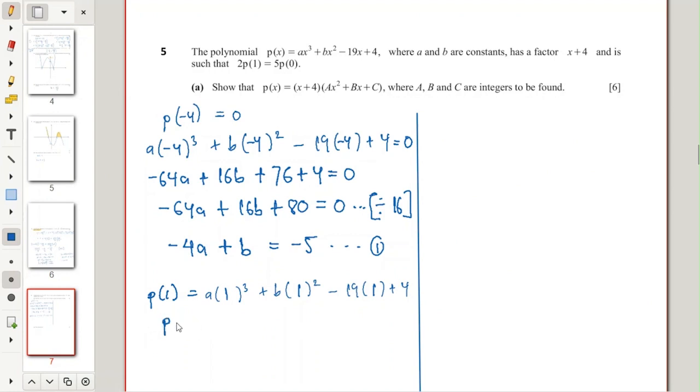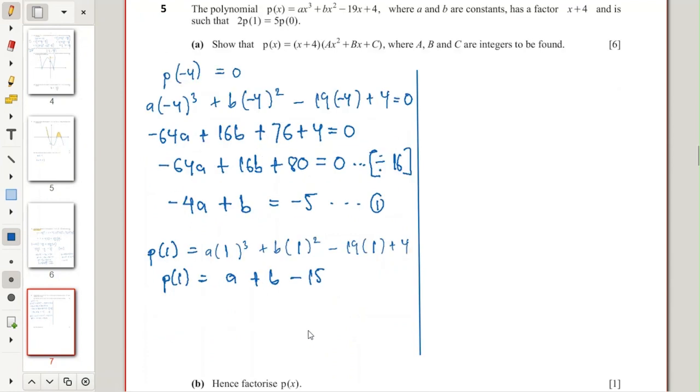So don't worry. Let's do it step by step. This will give me a plus b minus 19 plus 4. And this is the same as negative 15. So now let me multiply throughout by 2 and see what I'll get. 2a plus 2b minus 30.